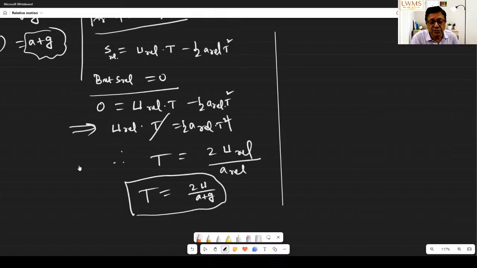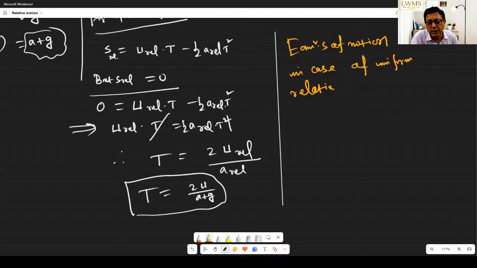So equations of motion in case of uniform relative acceleration. Simple, you all can write it.